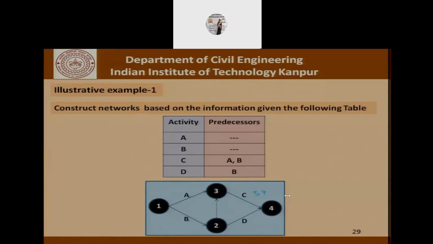But D can be started as soon as B has been completed and is the activity 2, 4. A and B are of course activities 1, 3 and 1, 2 as is shown here. So now we have converted this tabular information into a network diagram like this.